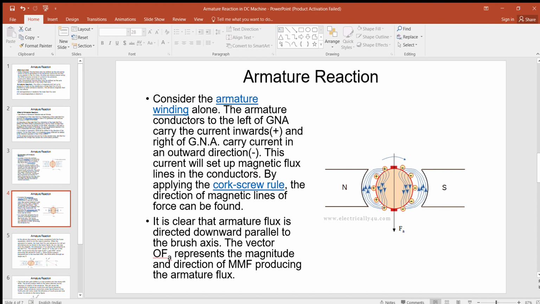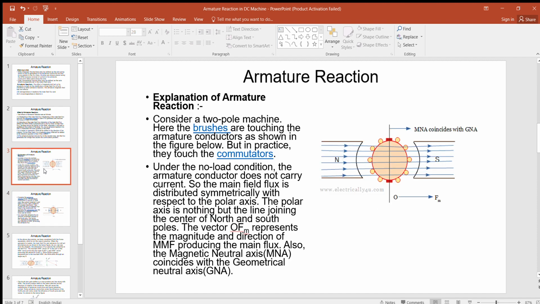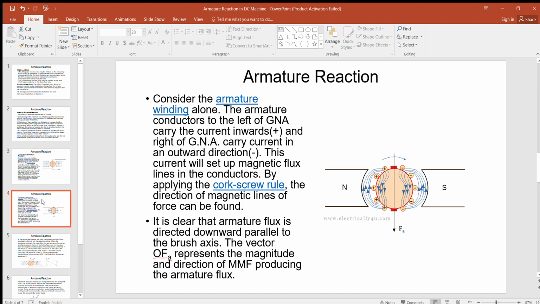So it is clear that the armature flux is directed downward, parallel to the brush axis. The vector OFA represents the magnitude and direction of MMF producing the armature flux. So these are the two cases: first, where there is no armature current, and second, where there is only the armature current.